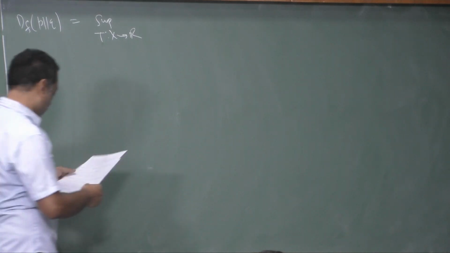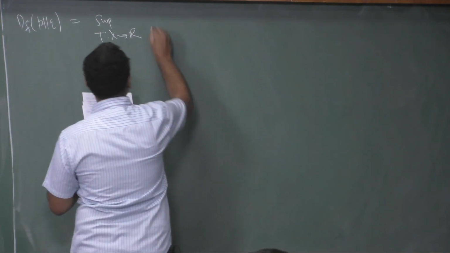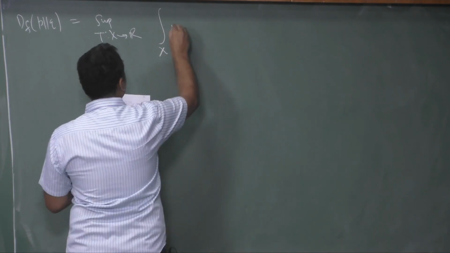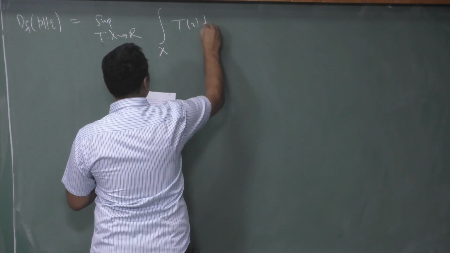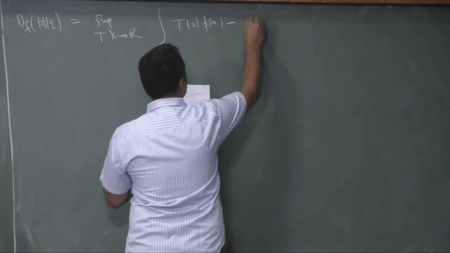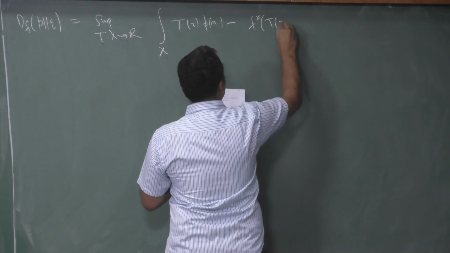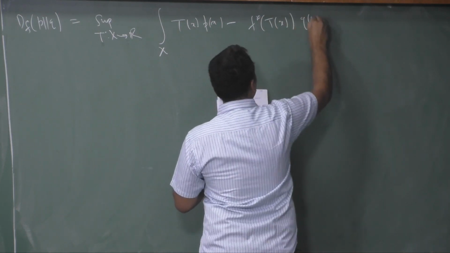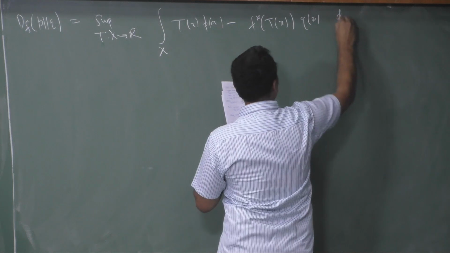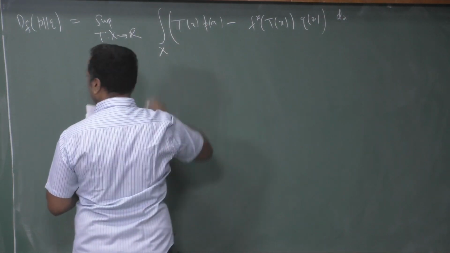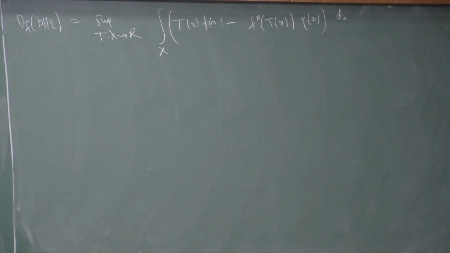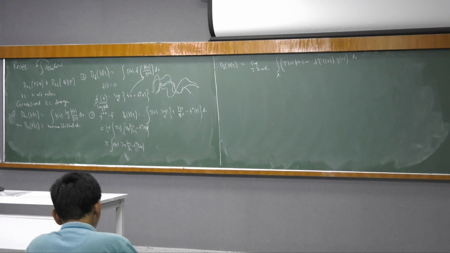So where we left is the integral of tx px minus f star tx qx dx. This is exactly what we have. Basically, we took the qx and multiplied it in, and hence qx got cancelled, so in the simplified form we have that.